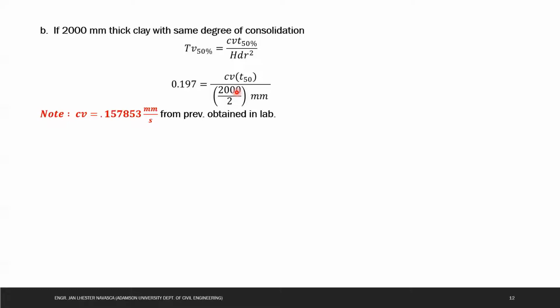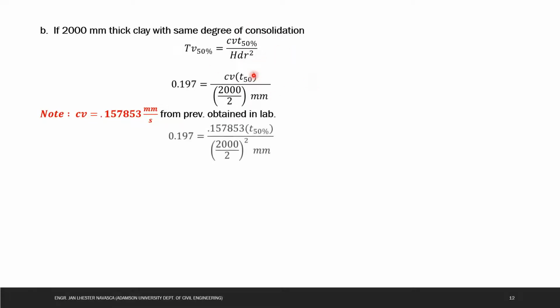Since my C_v value is in millimeters squared per second and my H_DR is in millimeters, the millimeter units cancel out, and what you have left is 1 over seconds. So the time is in seconds.